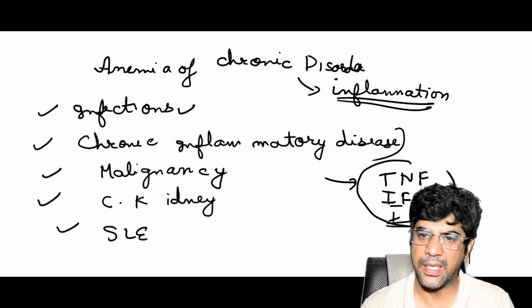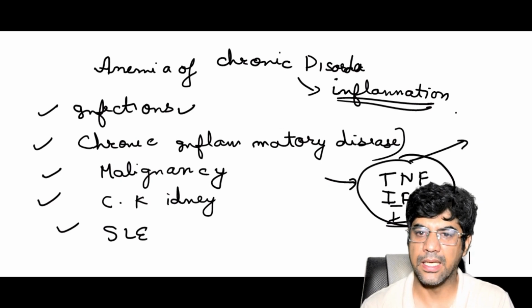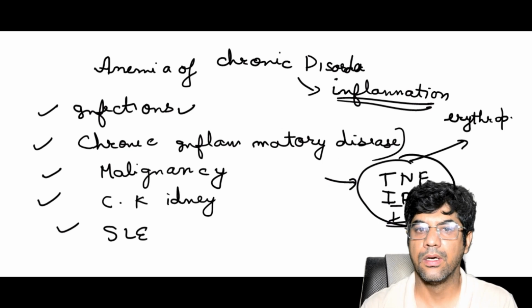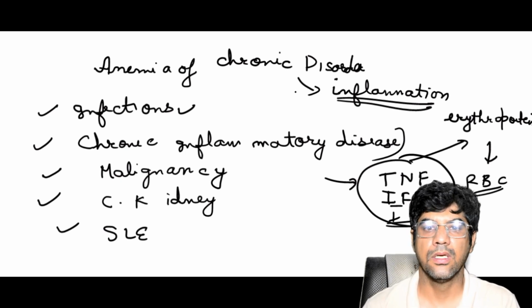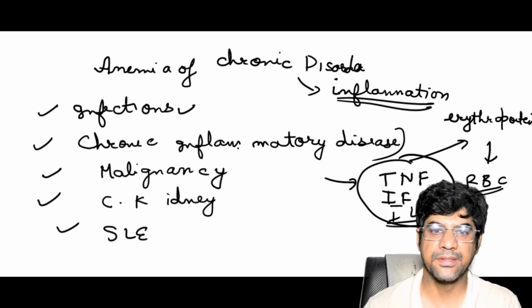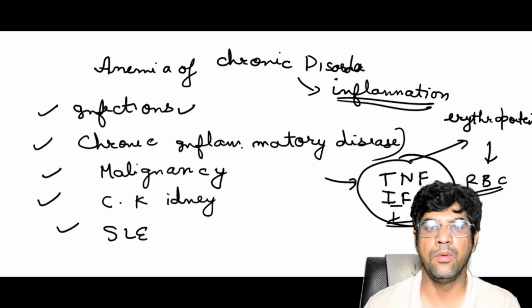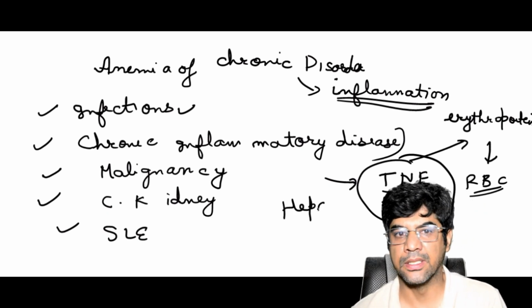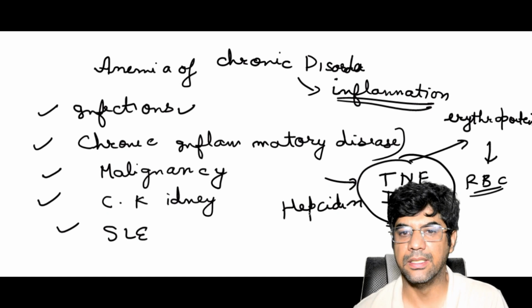Remember, these inflammatory cytokines inhibit erythropoietin and impair RBC production. There is also an important iron regulatory hormone that increases during inflammation, that is hepcidin.